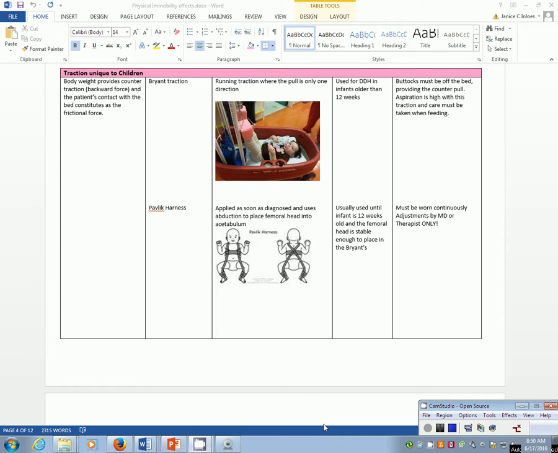What is traction used for? It's used for a lot of different things. It can be used to fatigue muscles to try to get them to relax down and possibly help with the pain and growth of those muscles. It can be used to, of course, stabilize, and there's a whole list in your book, and there's 6 primary purposes for them.